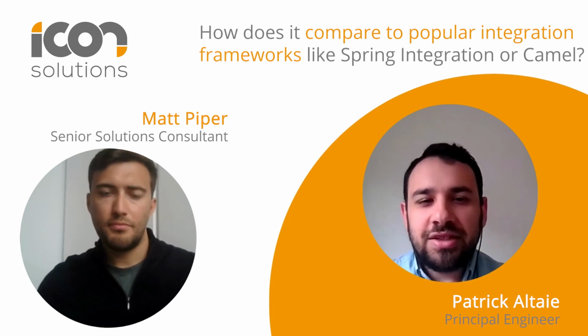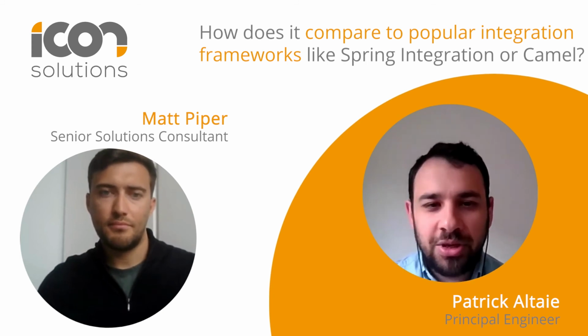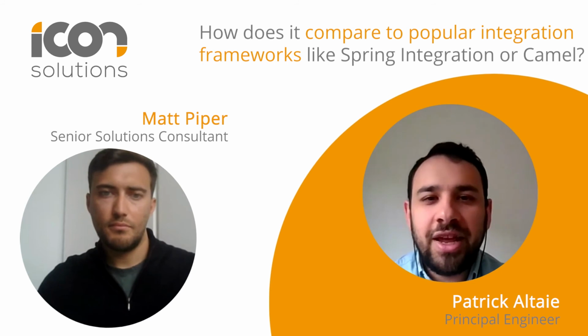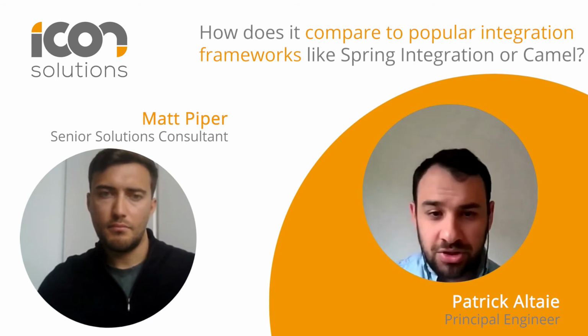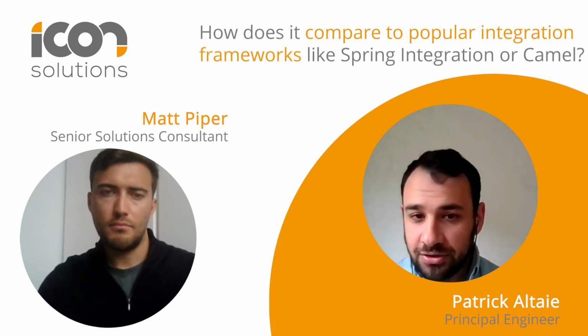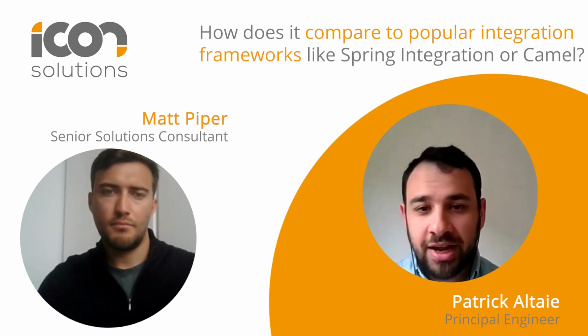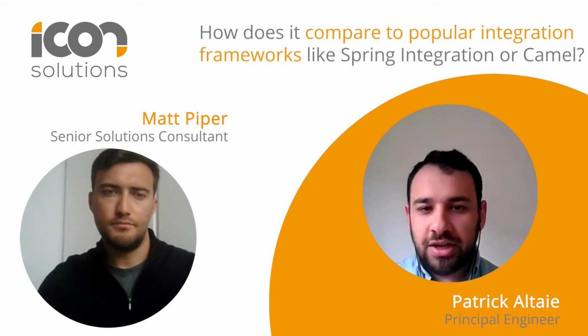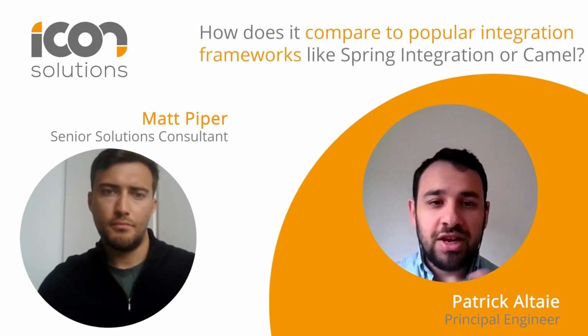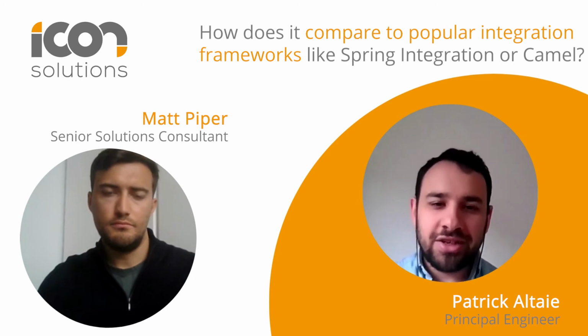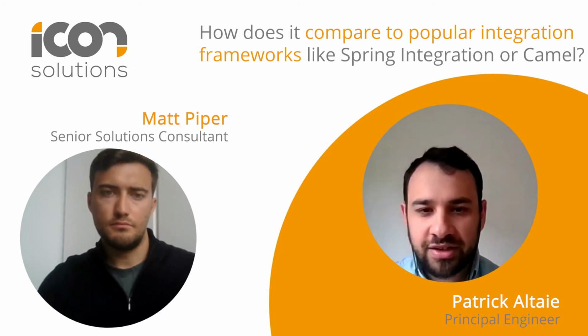And the answer is that it's at a slightly higher level. As I mentioned at the beginning, it's a layer of abstraction over just the bare integration, which is what Spring Integration and Camel do. They are great at doing that protocol level sending and receiving of messages, and indeed they have their own level of abstraction, which is a generic message type, a generic exchange type, which we also have in the connector framework.